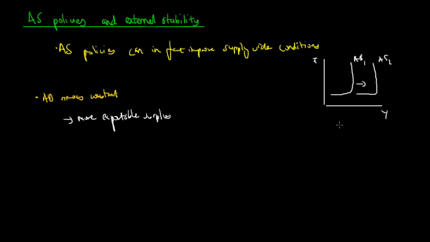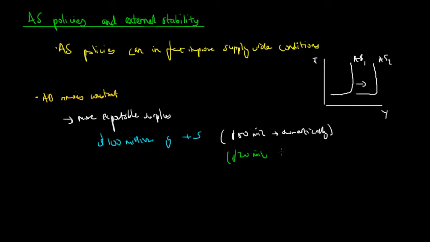surplus. What this means is that if we look at a numerical example, say initially we had $100 million worth of goods and services. Domestically we consumed 80 million, and therefore we're left with 20 million to export.